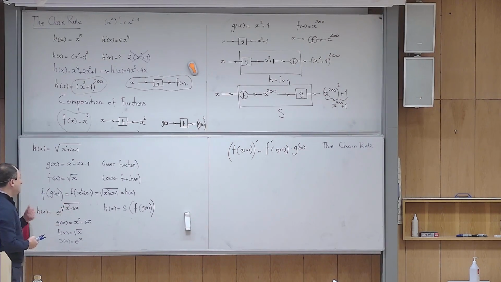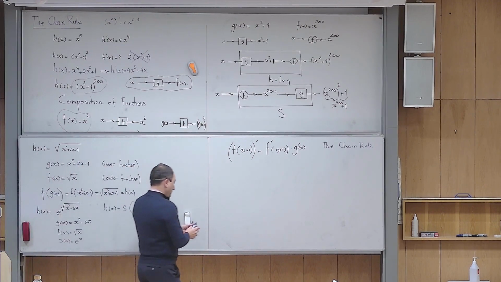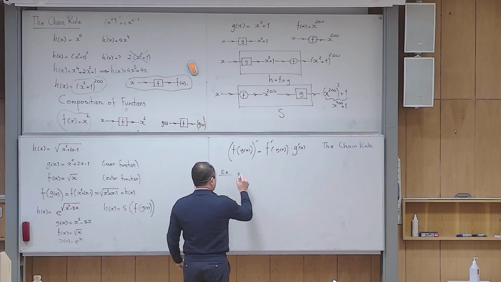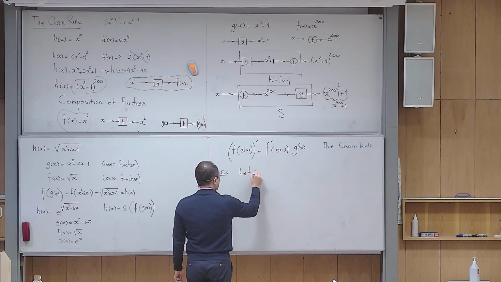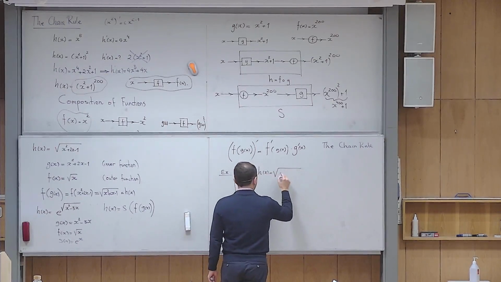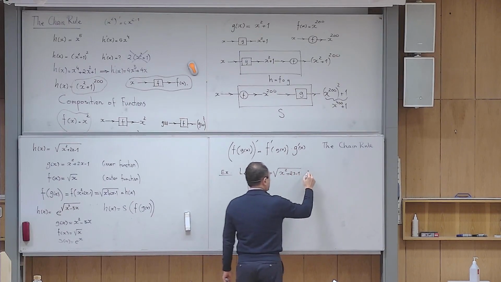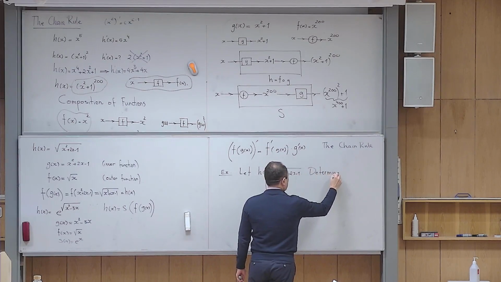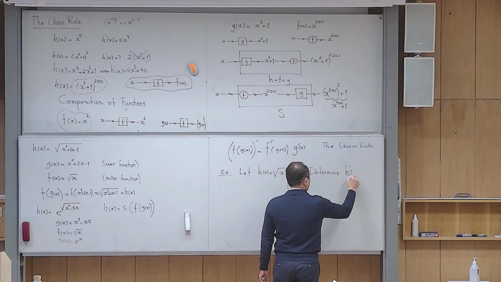Okay, but let us, for example, ask you to calculate the derivative of this function. So let me write this example. Let h of x be equal to the square root of x squared plus 2x minus 1. Determine h prime of x.